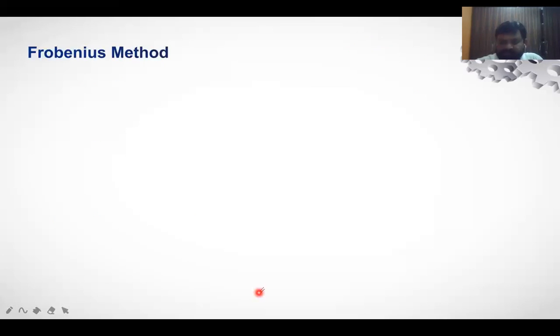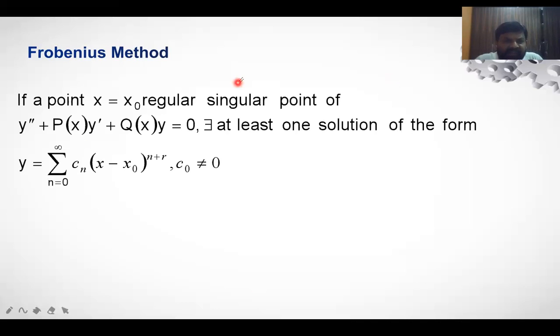Now, how do we find the power series solution in the case of a regular singular point? That method is called the Frobenius method. The first condition is that the given point is a regular singular point. Then there exists at least one solution of the form y equal to summation n equal to 0 to infinity Cn x minus x naught raised to n plus r.